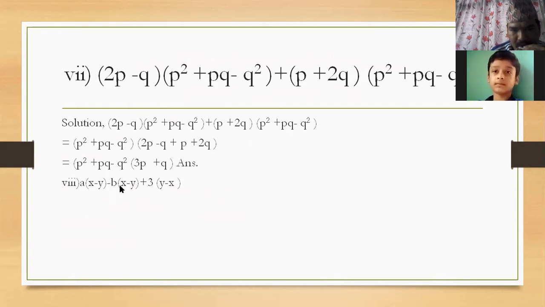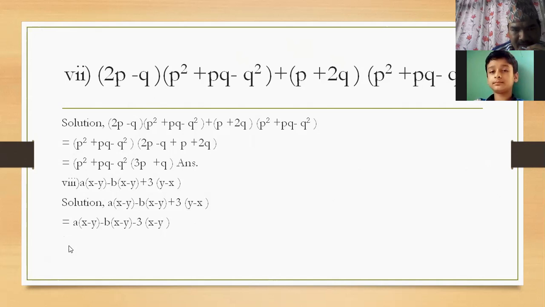In your work this question is given. And this y minus x we have to convert into x minus y. If you change y minus x into x minus y, then the sign changes. It has a plus sign, it will be minus 3 here. Then x minus y, x minus y, all x minus y.